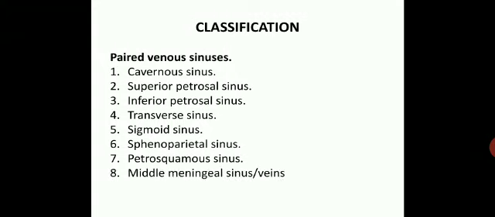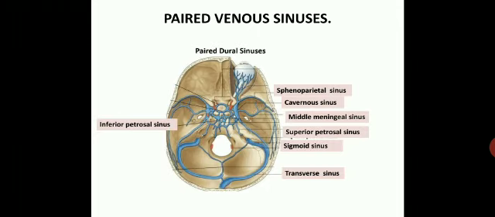And the last one is the middle meningeal sinus or middle meningeal veins. So, here we can see their location: sigmoid sinus, superior petrosal sinus, middle meningeal sinus, the spinoparietal sinus, inferior petrosal sinus and the cavernous sinus.